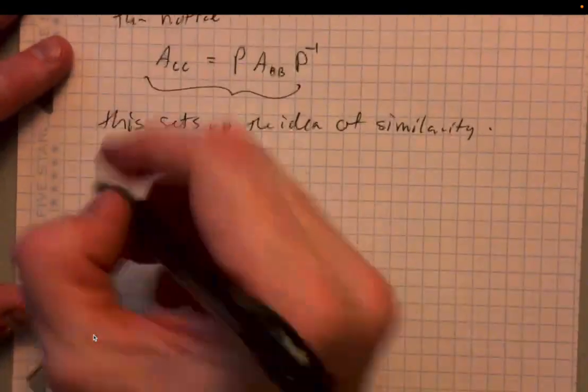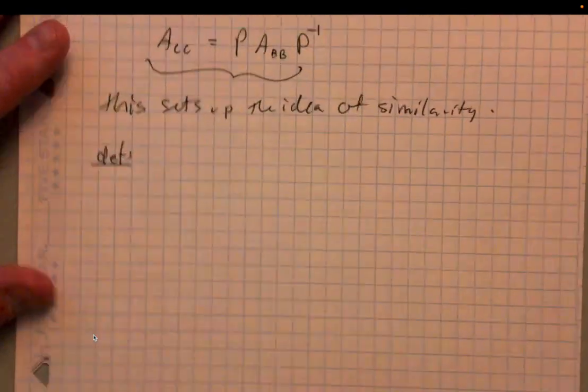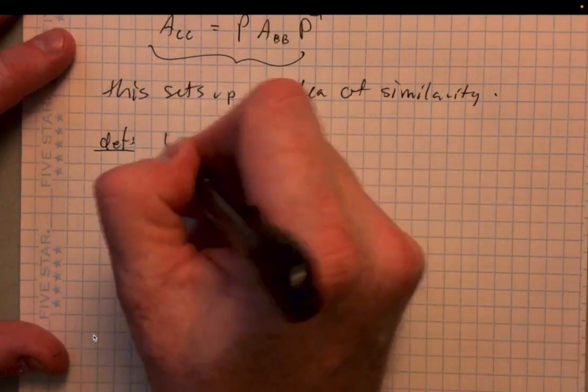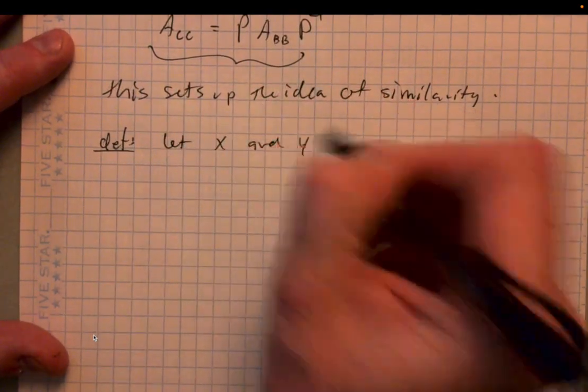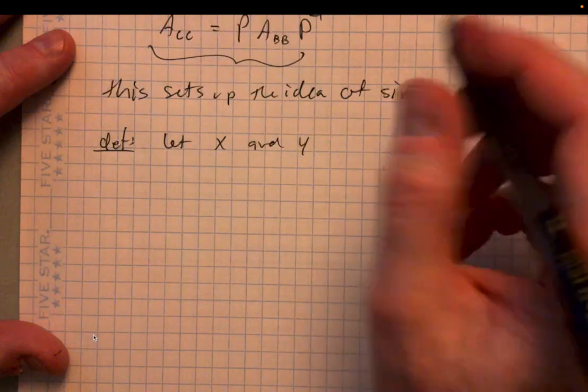Now here's the definition, here's how we've defined similarity. We'll let X and Y be n by n matrices.